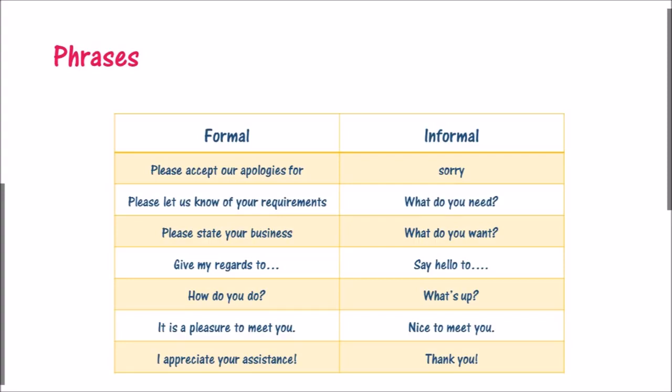In the same way, there is an expression like what do you want, which is informal. To be formal, we can say, please state your business. Then again, there is one example like say hello to, which is informal, and to use formal language, we can say give my regards to. And there are some other examples as well which you can refer to.